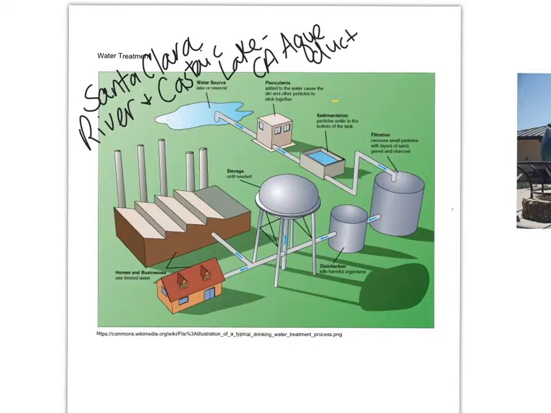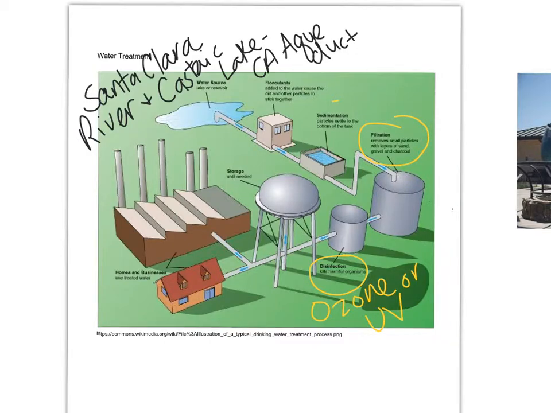So we do something a little bit out of order from here. The first thing we do is actually do disinfection in our water treatment. We do disinfection with ozone, not chlorine. And then after all the bacteria is zapped, it goes through filtration to remove the bacteria and any other small particles.